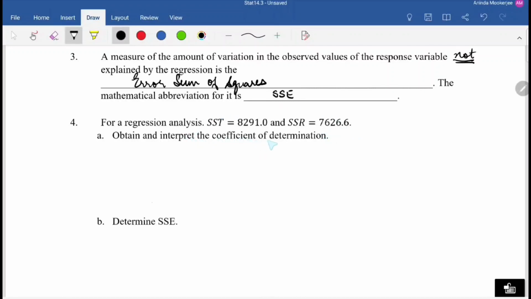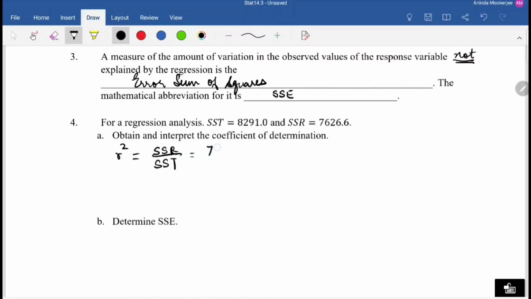Obtain and interpret the coefficient of determination. The coefficient of determination is expressed by the notation R squared, and the formula for it is SSR over SST. They've already given us the values of SSR and SST, so all we need to do is plug them into this equation and do the calculation.